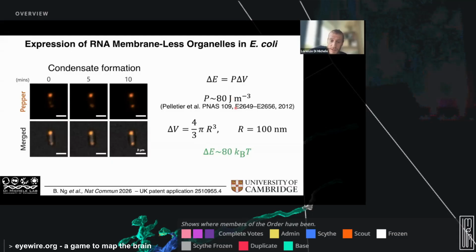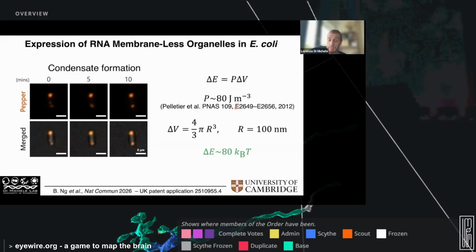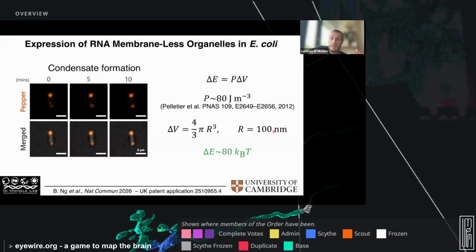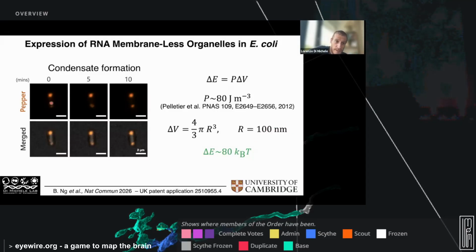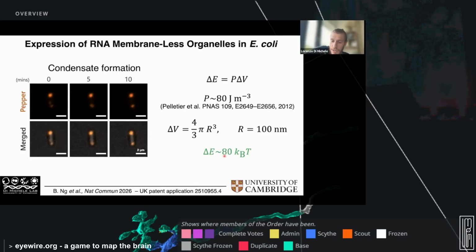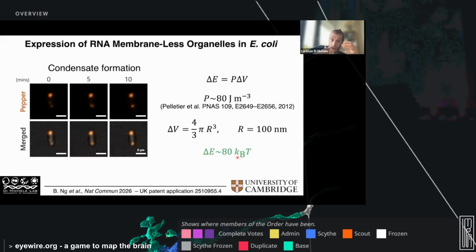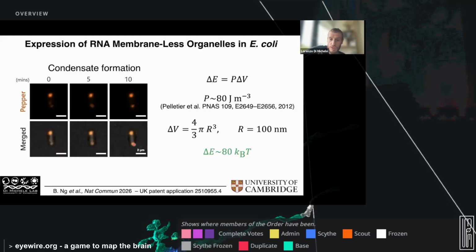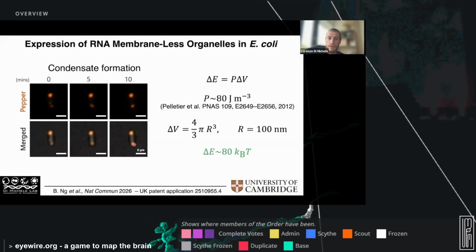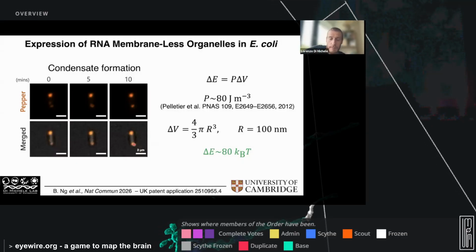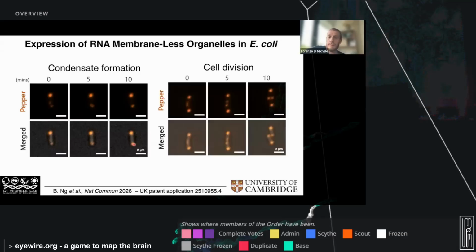That's this value here from this very nice reference, and you can work out, given say a condensate of 100 nanometers in radius, which is probably something like this thing here because you can see it with the microscope, what kind of energy cost it would imply forming such a cavity in the middle of the chromosome of the cell. And that's quite a large energy cost. And we think that this is therefore sufficient for the condensates as they're formed to perhaps be pushed out towards the poles. There could be other reasons why the condensates accumulate at the poles that people have pointed out, and I'm happy to discuss them if you are interested.